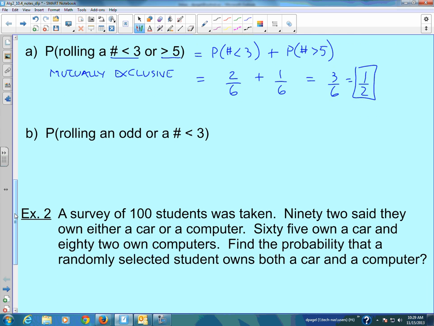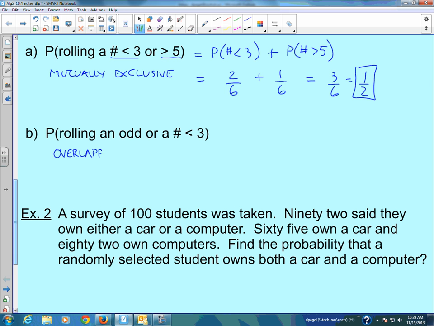What about the probability of rolling an odd or a number less than 3? So I think about this condition. I roll the die once. Can I, at the same roll, end up with an odd number and a number that is less than 3 that is also odd? If you think about this condition, 1 is odd and 1 is a number that's less than 3. So now we have overlap.